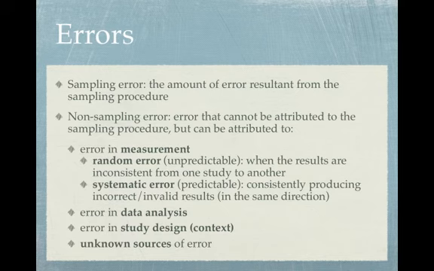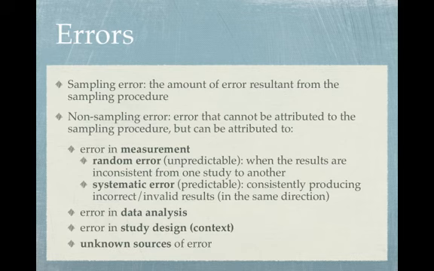Another important issue with regards to sampling is the error of sampling, of how we sample. So there are two types of error. There's sampling error and non-sampling error. The sampling error is the amount of error that we can explain from the sampling procedure, something wrong that we have done in terms of sampling.